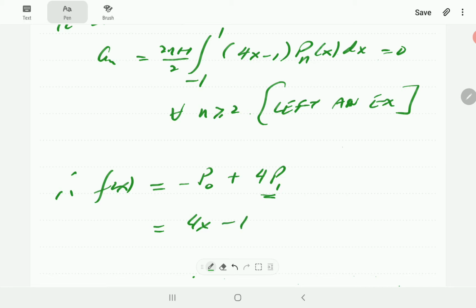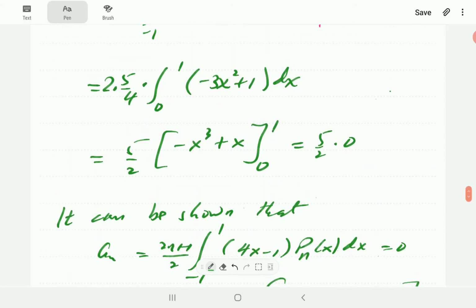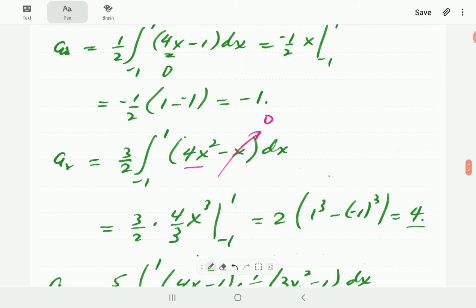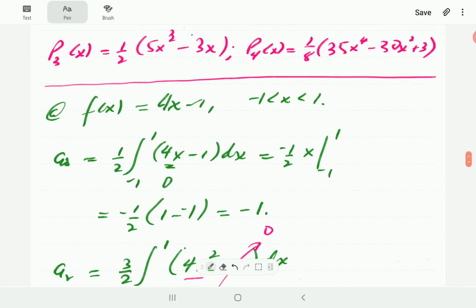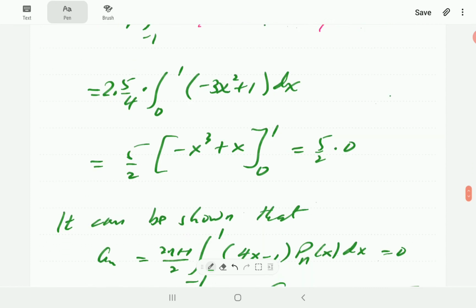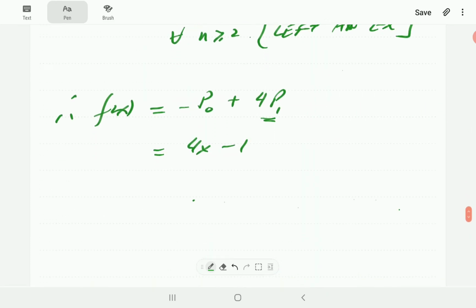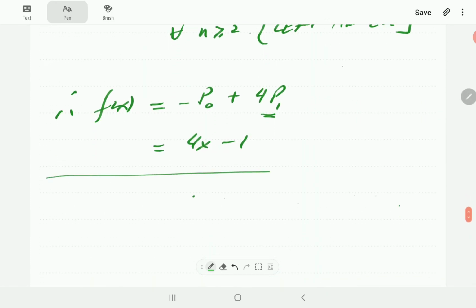So this is just recovering exactly the same function that we started with. And this will typically be the case whenever you are representing a polynomial using Legendre polynomials. The Legendre polynomial series is always just going to recover the polynomial that you started with.